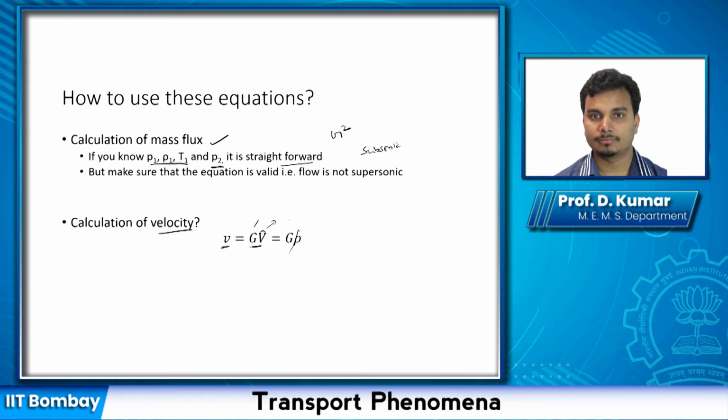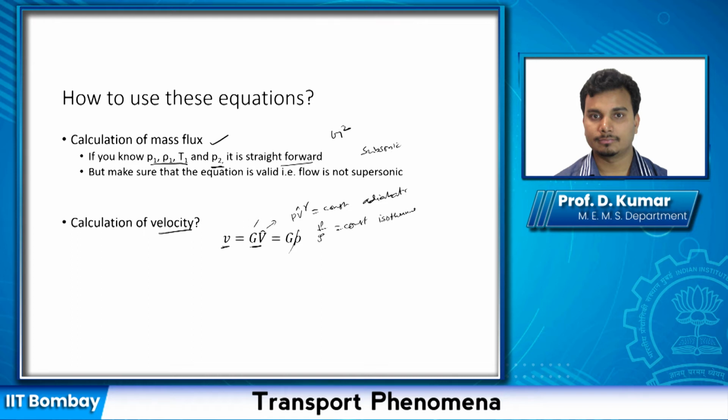Rho you can calculate from, depending on whether the condition is isothermal or adiabatic, PV gamma is constant, or P by rho is constant, right? So this is the case when you have adiabatic flow. This is the case when you have isothermal flow. Either of these you can use, and find velocity. Okay, and you have to make sure that you are in the subsonic regime to use it.